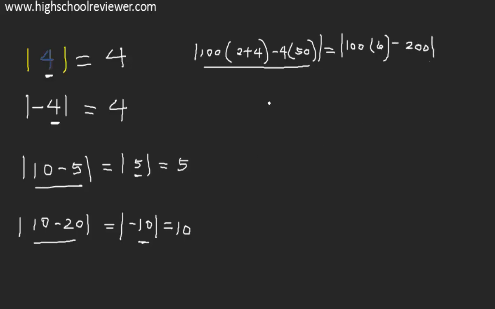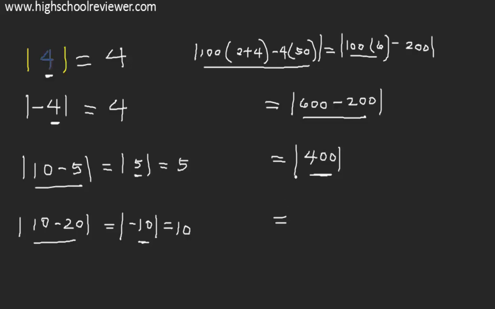So this will now be the absolute value of 100 times 6, that is 600, minus 200. So this will be the absolute value of 600 minus 200, that is 400. So our final answer will be the number itself. Disregard the positive sign. So the absolute value of positive 400 is 400.